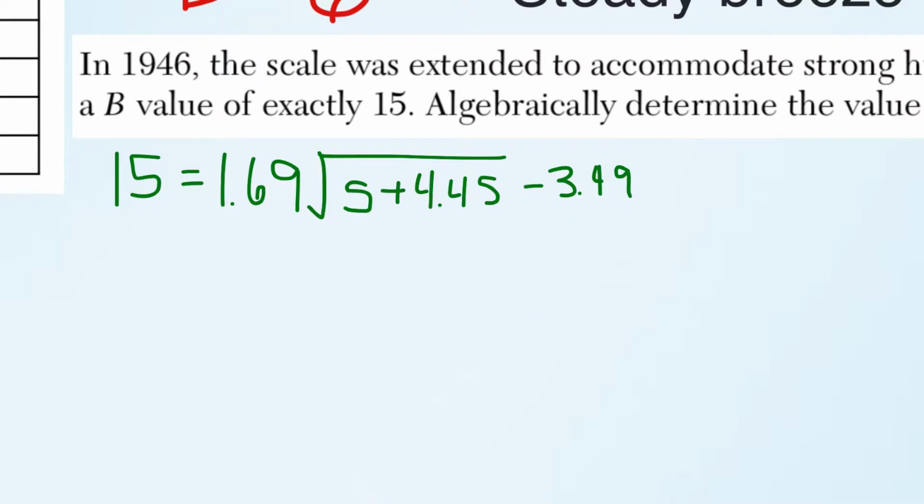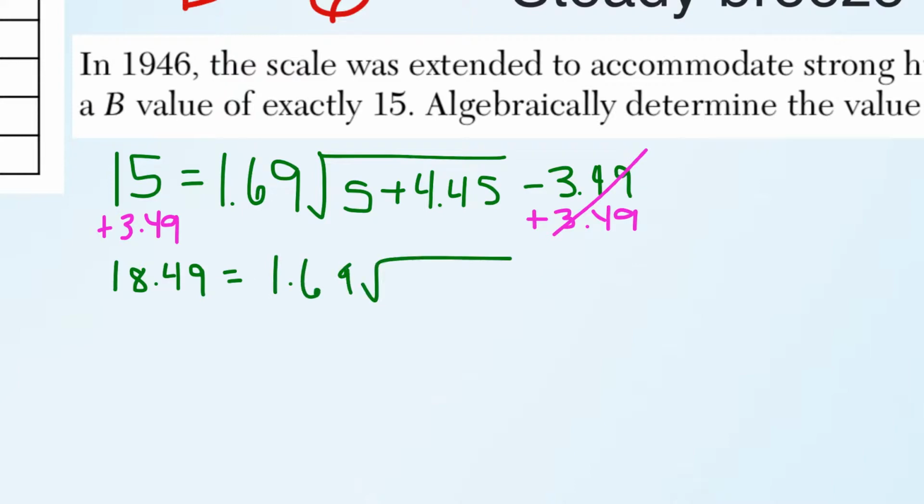All right, first thing we'll want to do is get rid of this minus 3.49 by adding it. And then that's going to get us 18.49 on the right there. Okay, and next we will want to divide everything by 1.69.